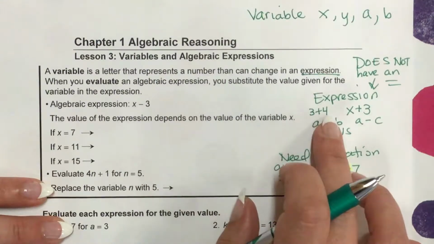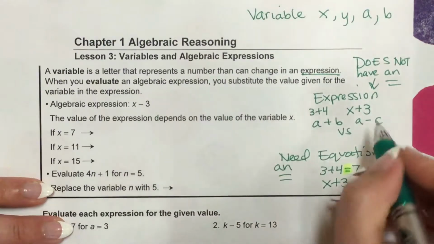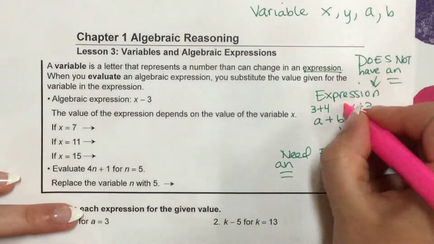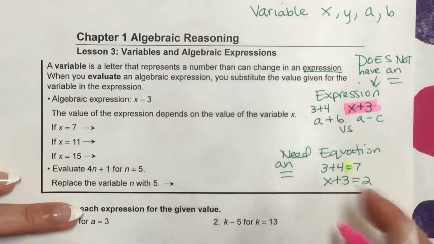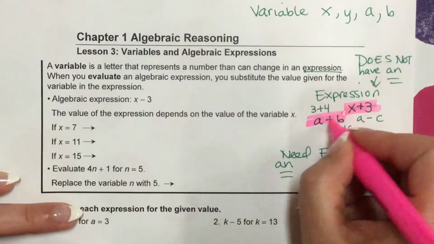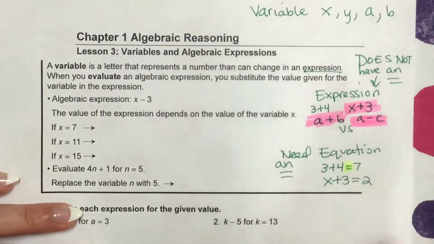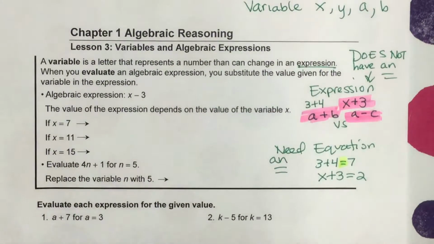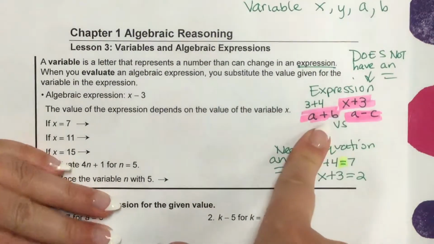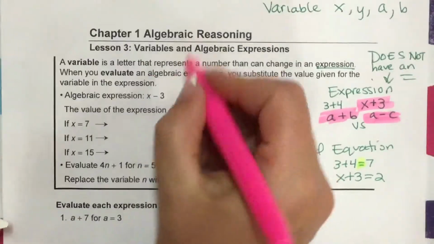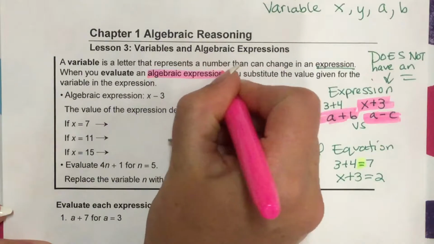It would be an expression, but not algebraic. However, this one right here would be algebraic because it has a combination of letters and numbers. This also would be algebraic because it's just letters, and this also would be an algebraic expression because it has letters. So anytime you incorporate letters into an expression, it becomes an algebraic expression.